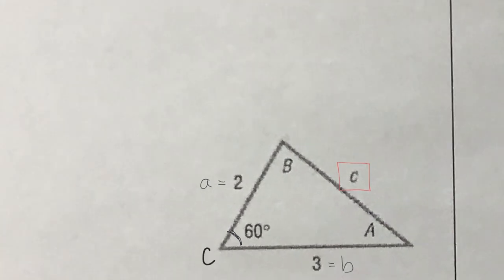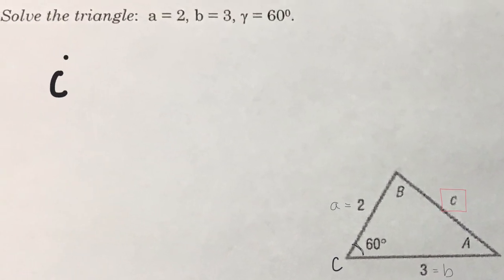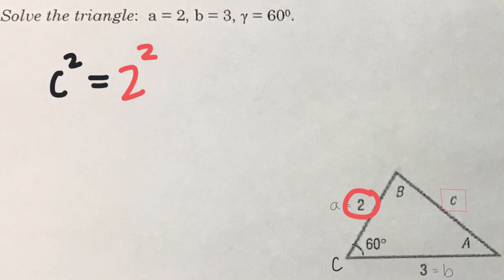So this is how it works. We're trying to find side C, so we write C squared equals. It's a Pythagorean type of problem because all of your sides are squared. C squared equals 2 squared plus the other side squared, and then minus.